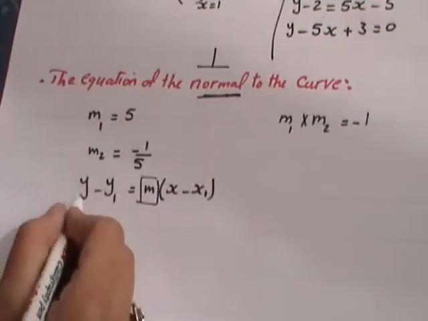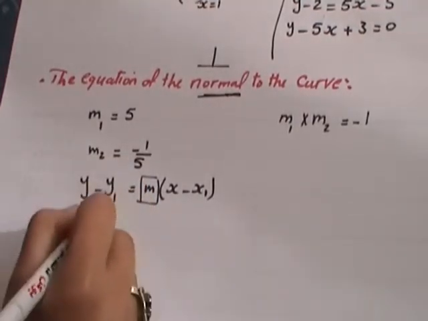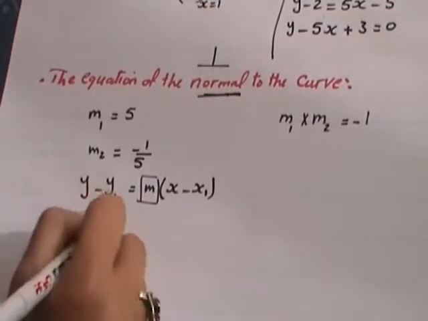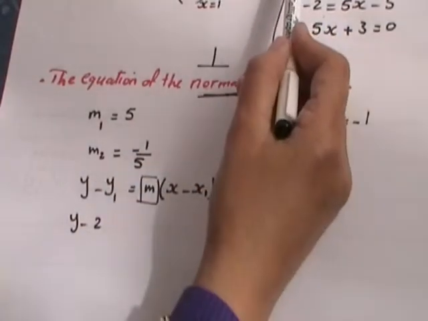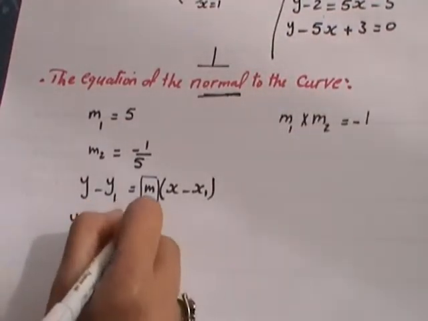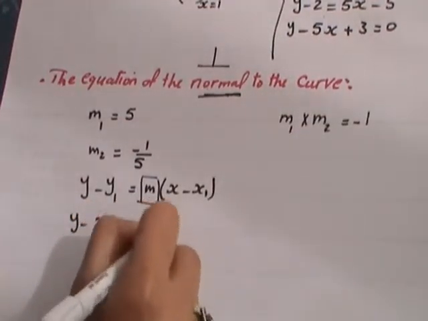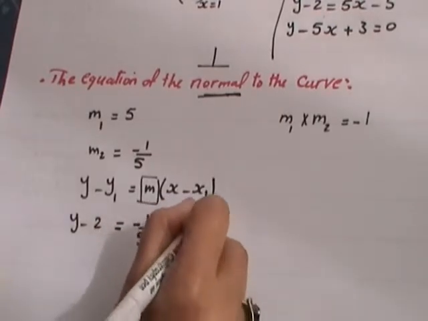The slope of it is -1 over 5. y minus 2, what about 2? 2 is the y coordinate of the point, like we took in this example. Equals the slope, -1 over 5, times x minus the x of the point, which is 1.